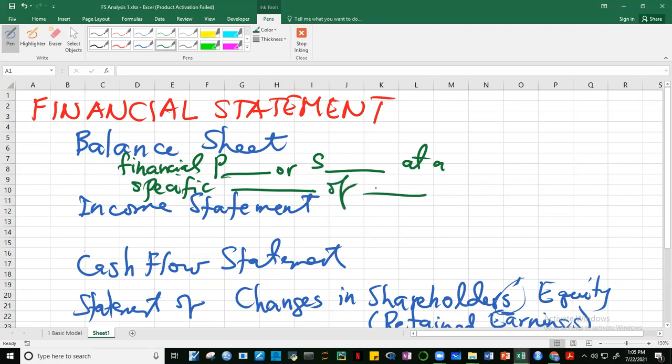Blank of blank. Okay, could you furnish, guys, the missing items there? Ano ba yung balance sheet? It tells us of the financial blank or financial blank of a company at a specific blank. Specific blank. Anyone?